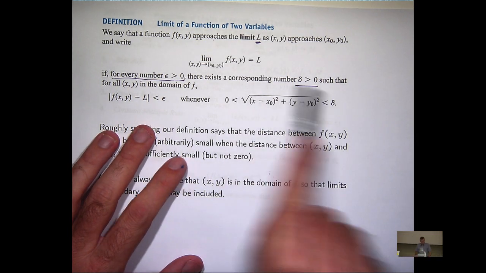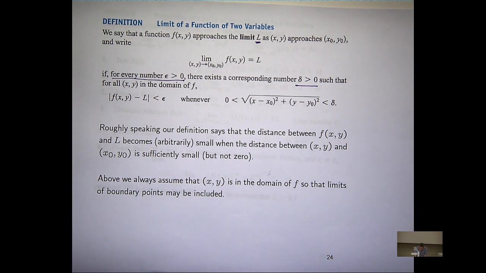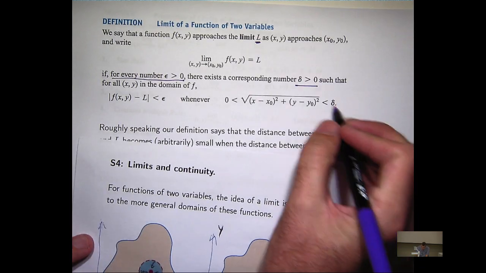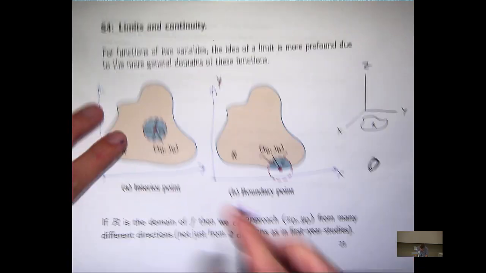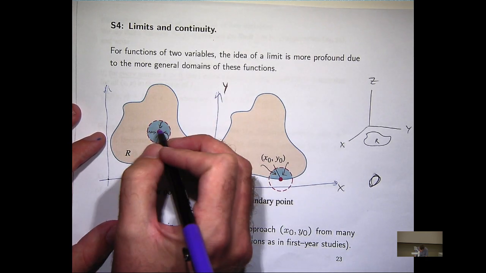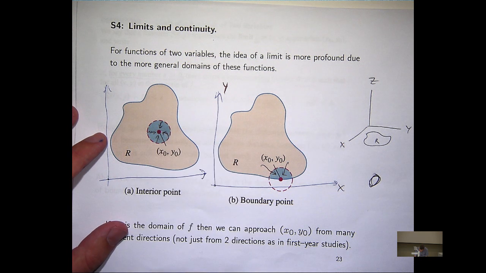What does this set represent? Anyone know? In two-dimensional space, what is that set on the right-hand side? It's like a circle, a disk, right? So if I go back to my previous picture, think of this as representing all the points in a disk with centre (x0, y0) and radius delta.